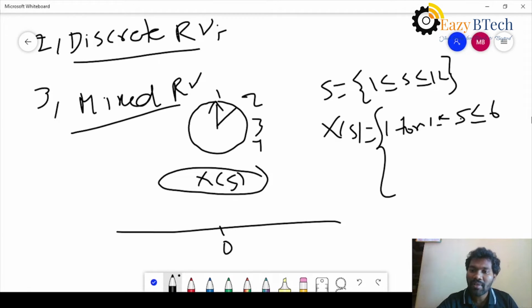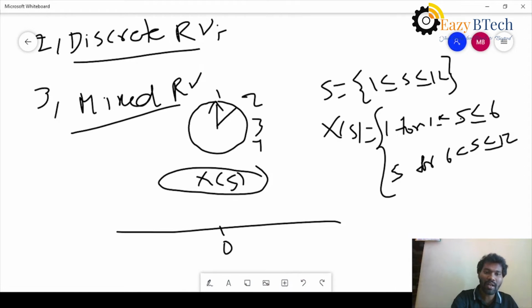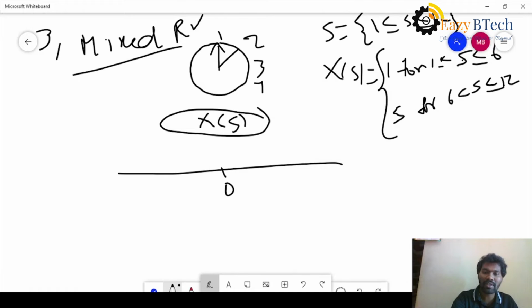And for 6 less than s less than or equal to 12, X of s equal to s. So if you define the random variable like this from the sample space and draw the mixed random variable, it is like this.